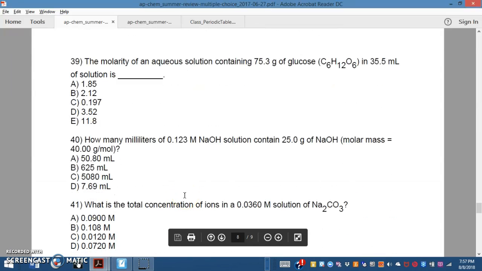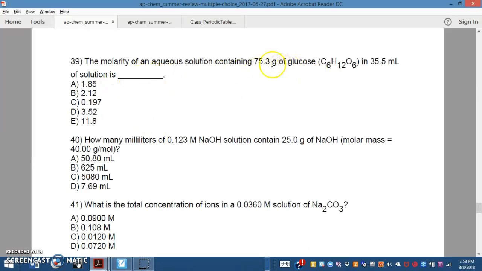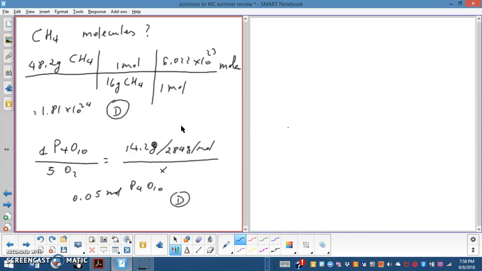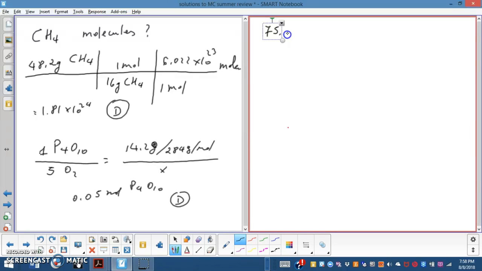39, they want the molarity. They give you grams, which of course you got to convert to moles. You divide by the liters and you have molarity in place. So let's do it just to make sure that we know it. So you have 75.3 grams of glucose, and we found already that the mass was 180, so you can just divide by 180 grams per mole.